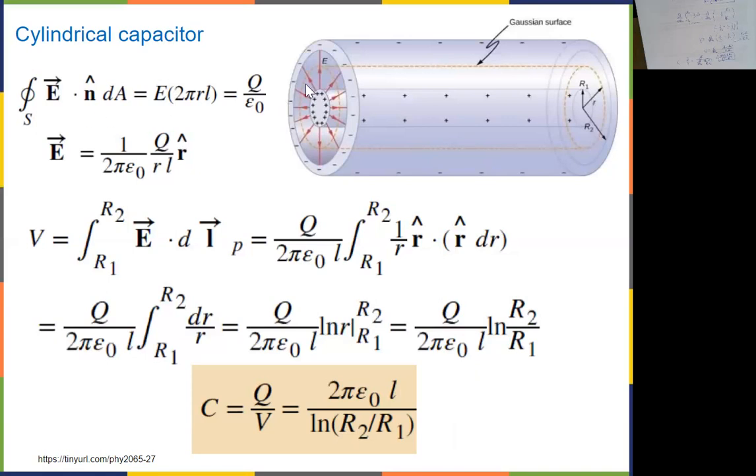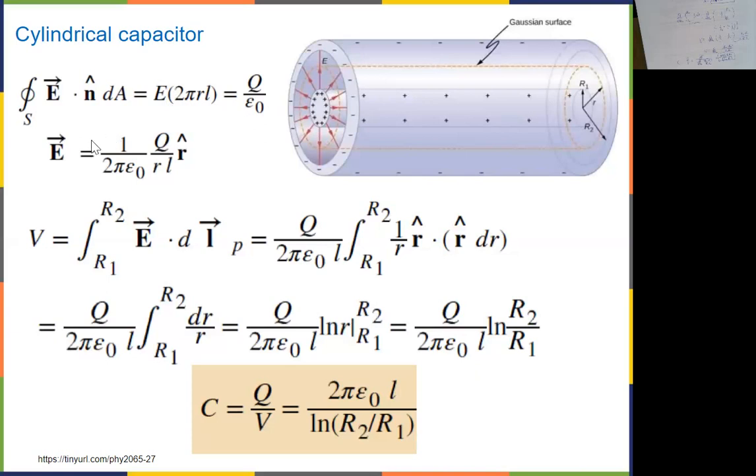And you integrate over your Gaussian surface; on the two bottoms, flux will be 0, so only the side surface will give you the flux. So E times 2 pi r times the length. Okay, so that gives you the side area. According to Gauss' law, it's equal to Q enclosed divided by epsilon naught. Okay, so Q enclosed is the Q here, enclosed by this cylinder.